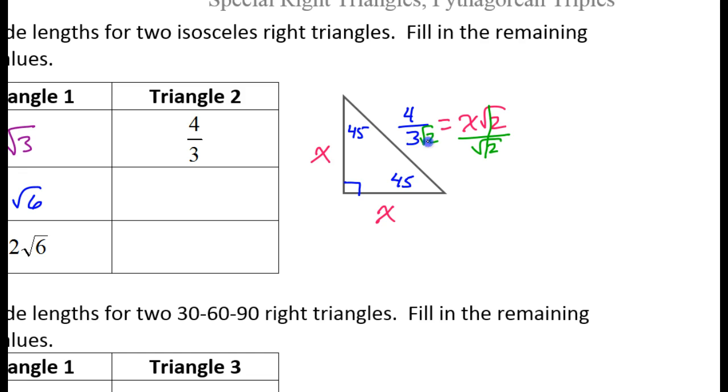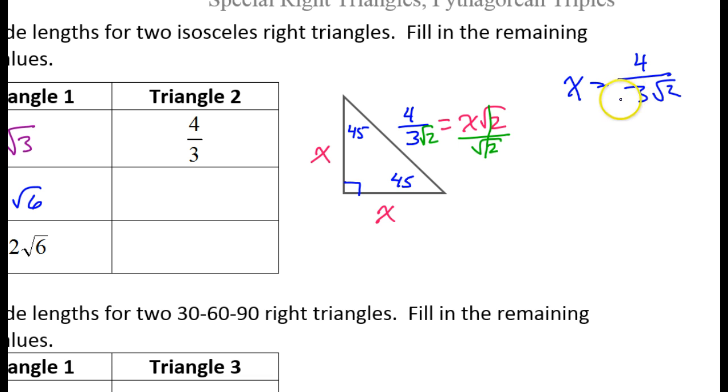If you divide a fraction by something, just put it in the denominator. So 4/3 divided by radical 2 is the same thing as 4 over 3 radical 2. There I just divided by radical 2. That's how you divide a fraction by something.